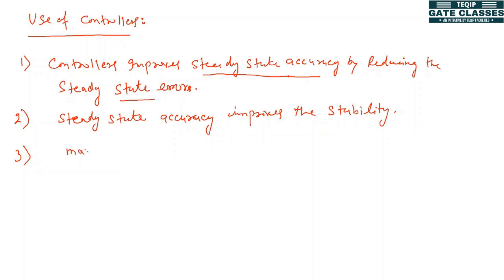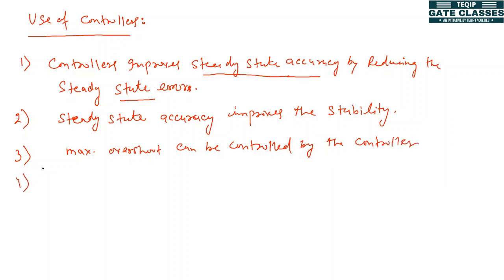So we can write: maximum overshoot can be controlled by the controllers. If your system response is slow, then by the use of controllers we can make the system response faster.